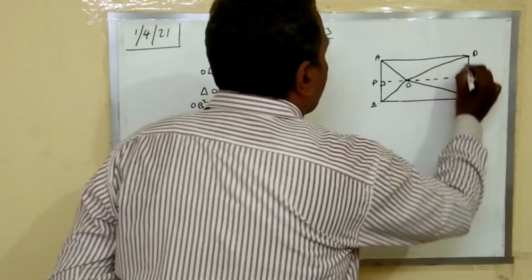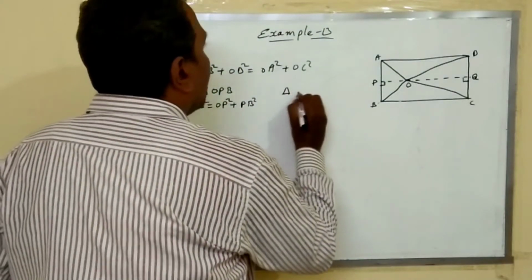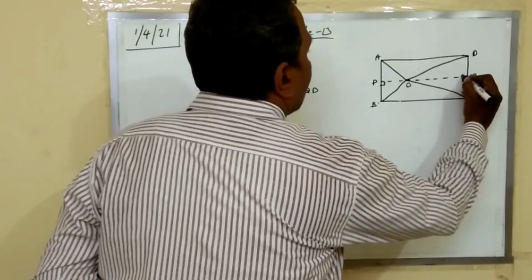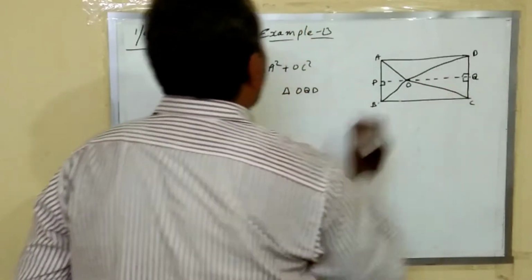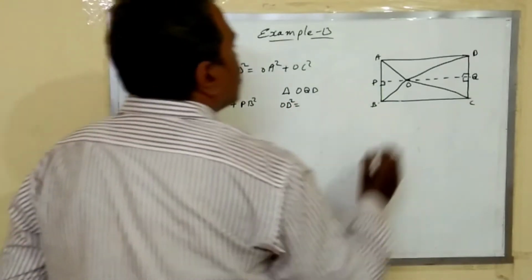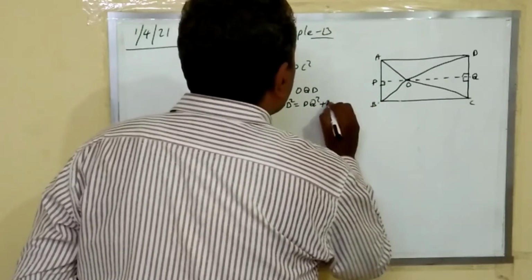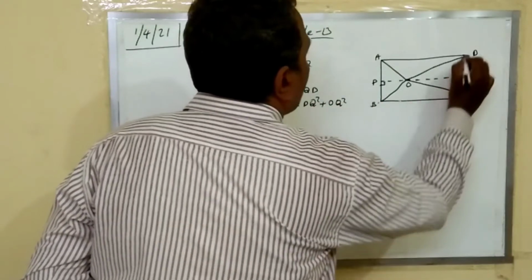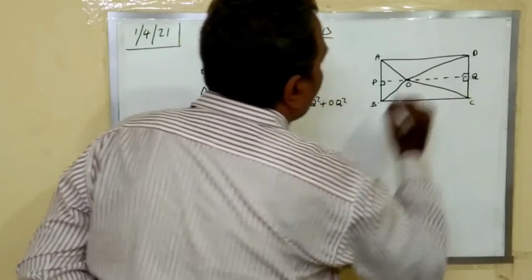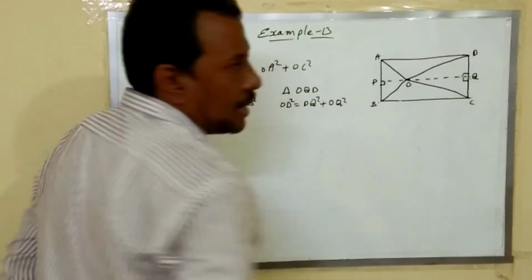Take the right angle triangle OQD. This is a right angle and this will be the hypotenuse. OD square is equal to DQ square plus OQ square. Now these two right angle triangles are over.